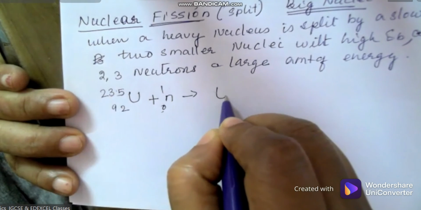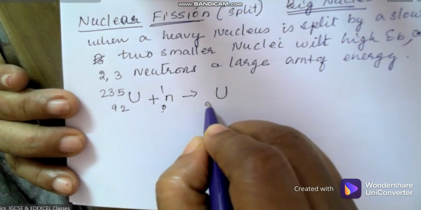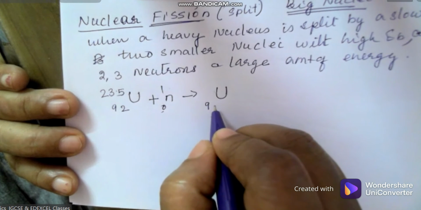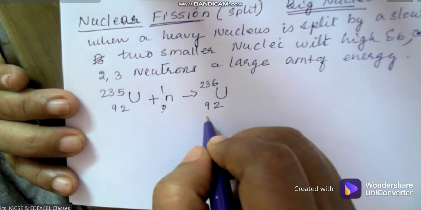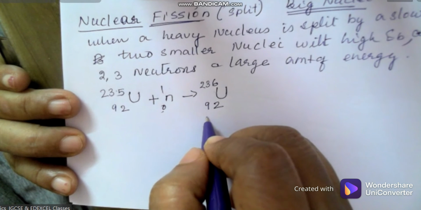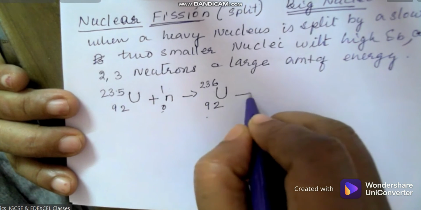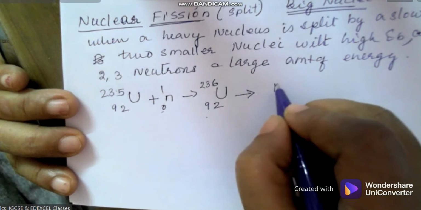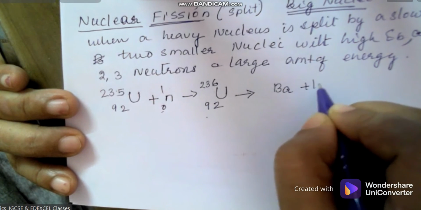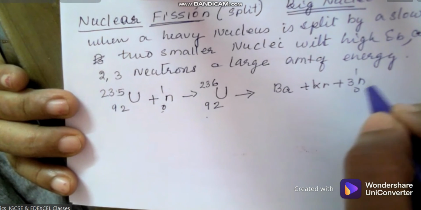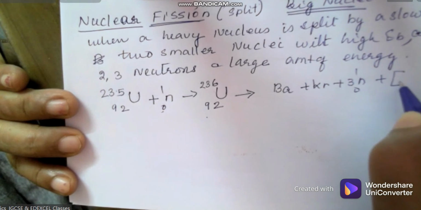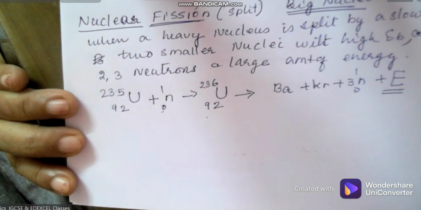That means you get a combined one, 92, 236. This is an intermediate combined one, very, very unstable. So this quickly breaks down to barium plus krypton plus 2 or 3 neutrons plus a large amount of energy.